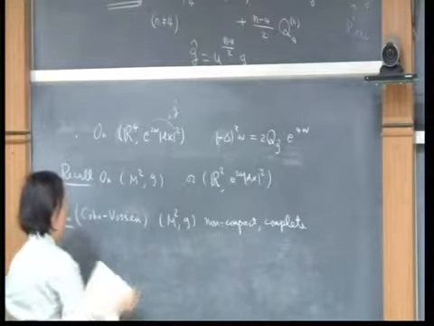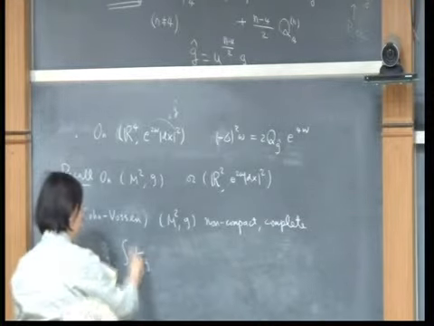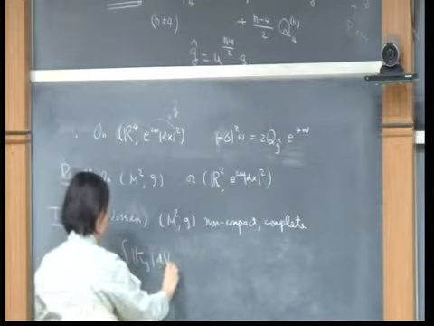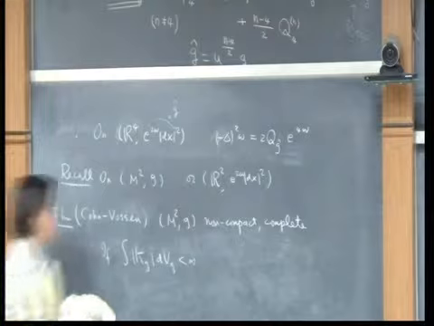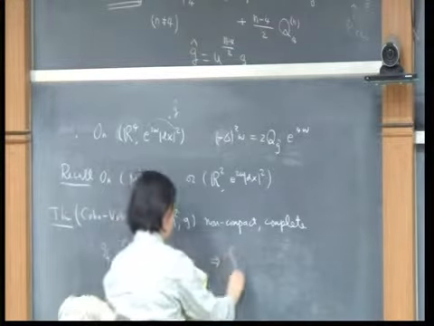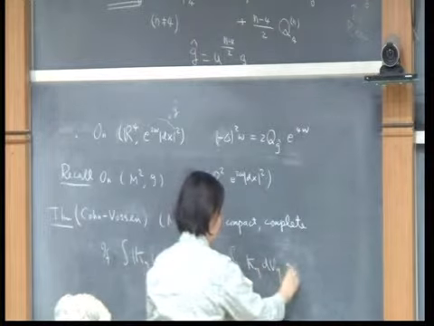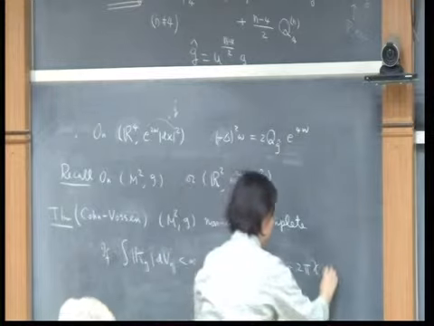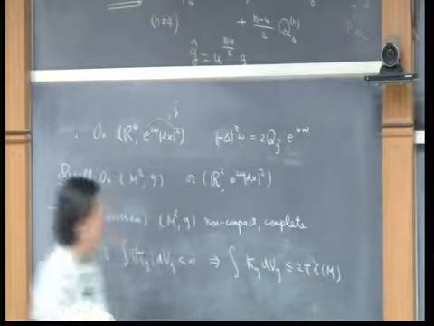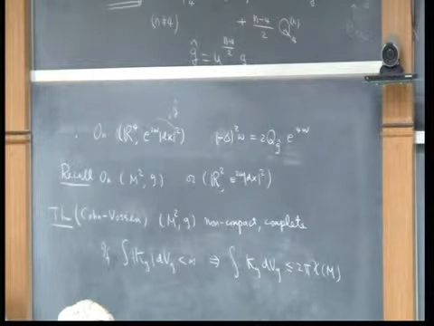Then the result says if the Gaussian curvature K dVg is in L1, integrable, then the integral of K dVg is less than or equal to 2 pi times the Euler characteristic of the manifold. So there is a bound on the growth of the Gaussian curvature.